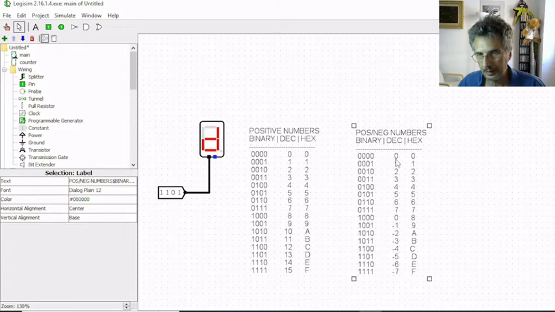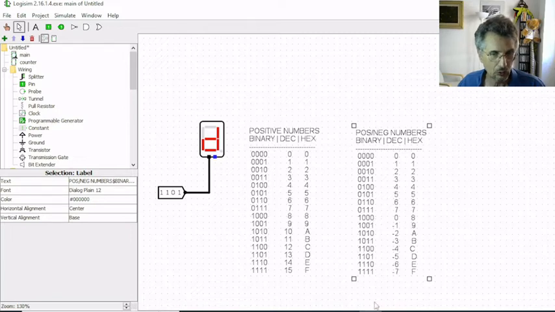A bigger problem is that with this particular method, using one bit for the sign and the other bits for the number, we have to design two different circuits to make the addition and the subtraction. So if we want to add, we need a circuit different from the one needed to use the negative number. So this is a very uneasy, not useful way to represent negative numbers.